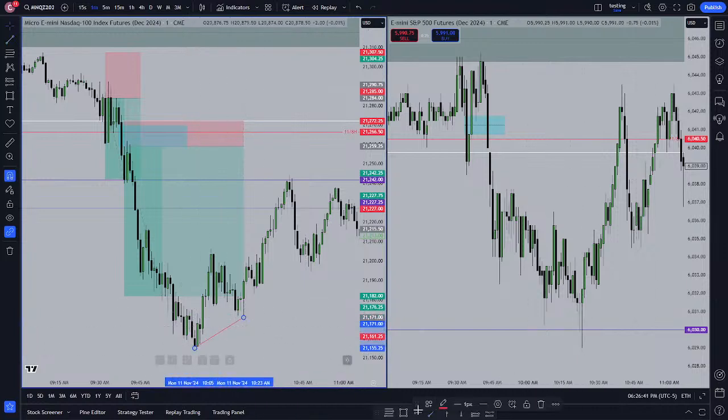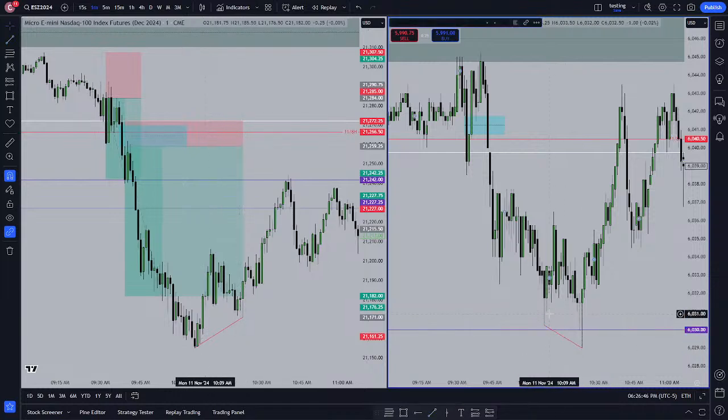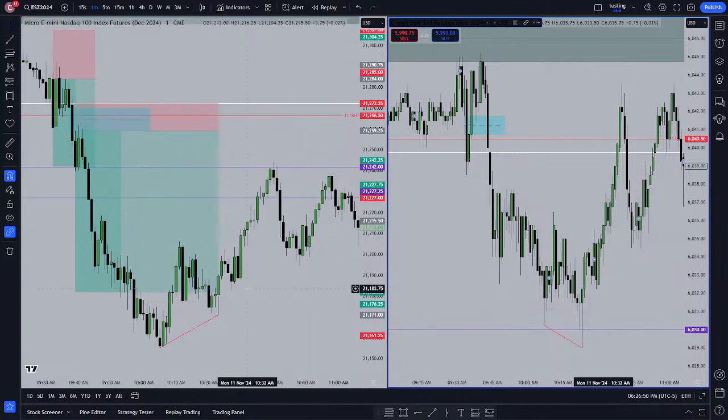And let's say you didn't capture any of that, or you're feeling good, and you go in with lower leverage. You see that SMT right there. You could be a buyer.